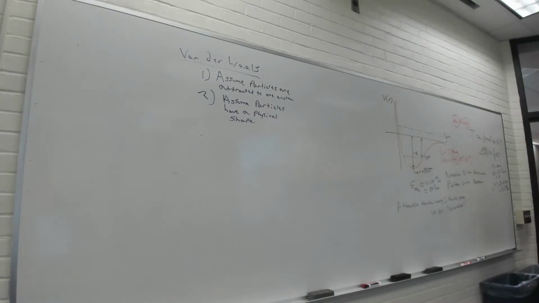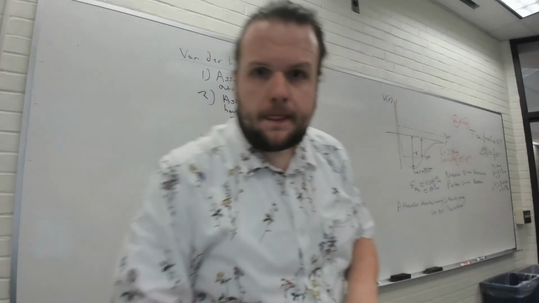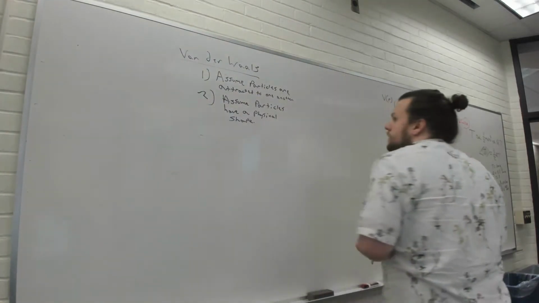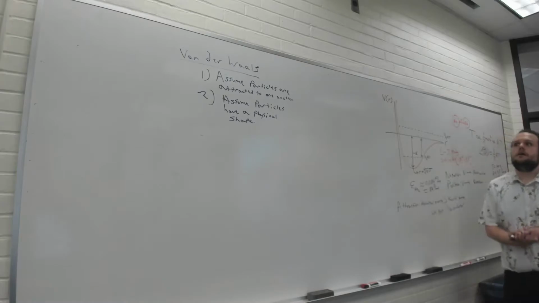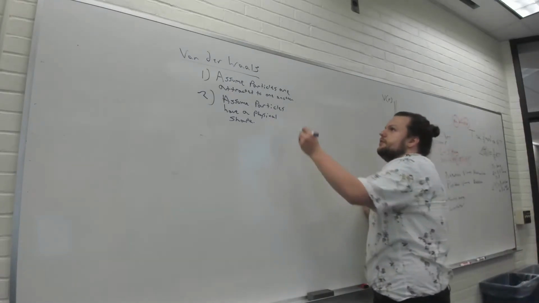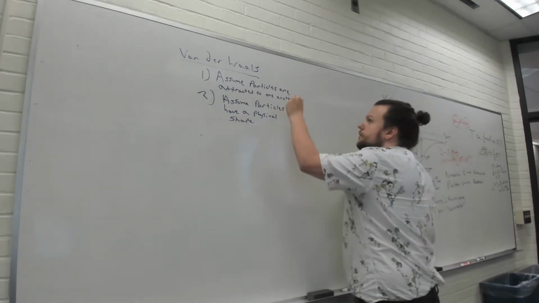So let's think about the parameters of our gas, our box, and what will happen to them if we start to make these two assumptions. Let's assume now the particles are attracted to one another. So let's look at one now.